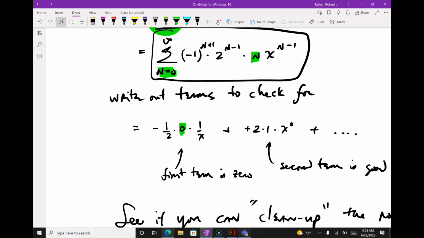The second term is good, right? It's a 2, right? 2 times 1 times x to the 0. x to the 0 is 1 for us now. We've been fighting you so long about x to the 0, right? Probably since 8th grade, maybe 9th grade. You can't have x to the 0 if x is 0, right?